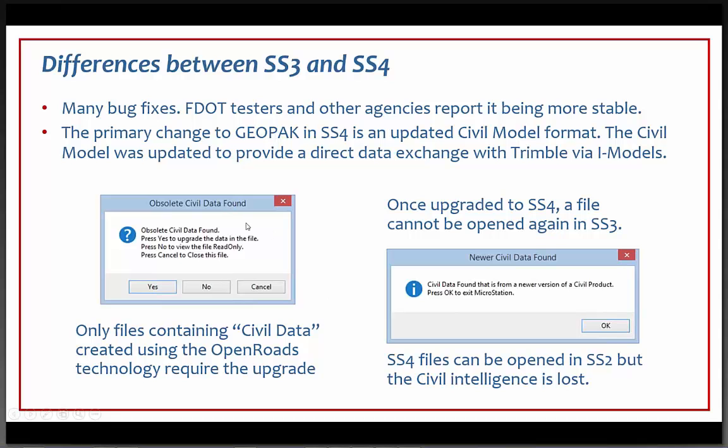And you'll have three options when you get prompted for that. You can say yes, no, or cancel. If you choose to say yes, then it's going to go ahead and just upgrade the file and just open right up. If you select no, then it's going to open the file read-only and not upgrade the model format.